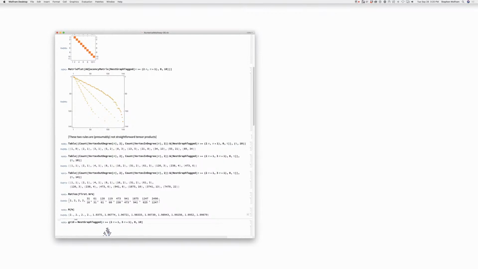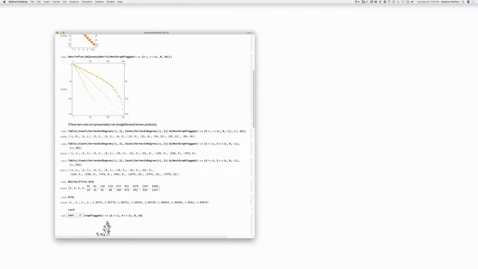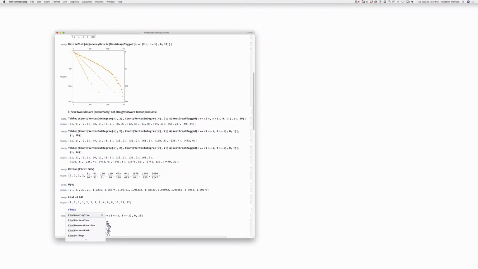And the second thing may not be exponential at all. I think it might actually be exponential. That looks rather Fibonacci-esque. Find sequence function. It won't work.